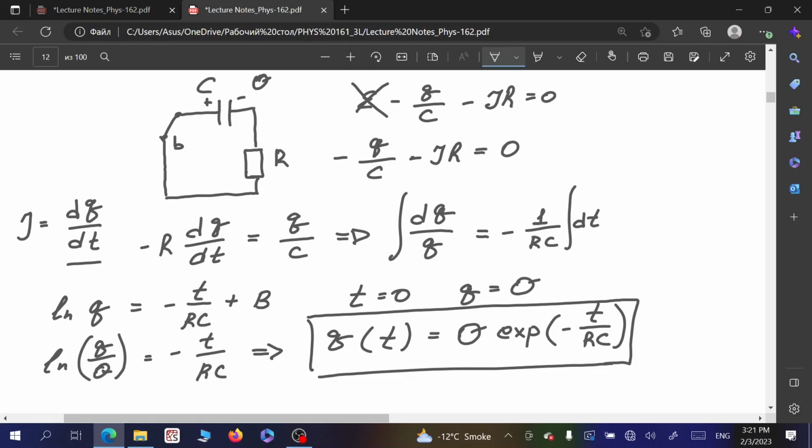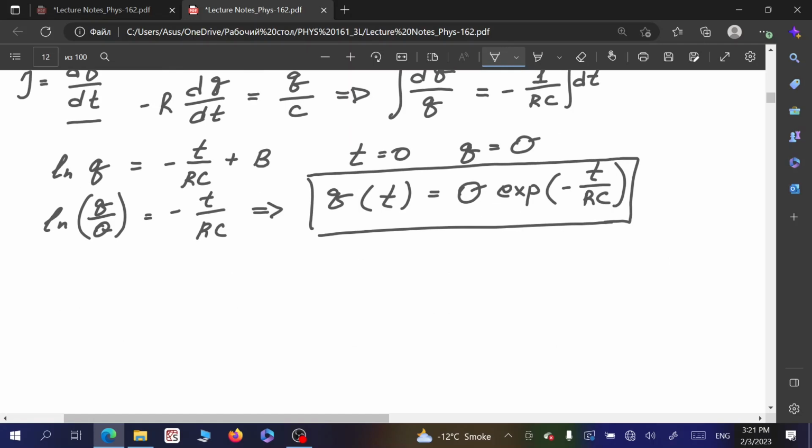So how do we define the potential difference at the plates of the capacitor if we know the charge accumulated at the capacitor and the capacitance?